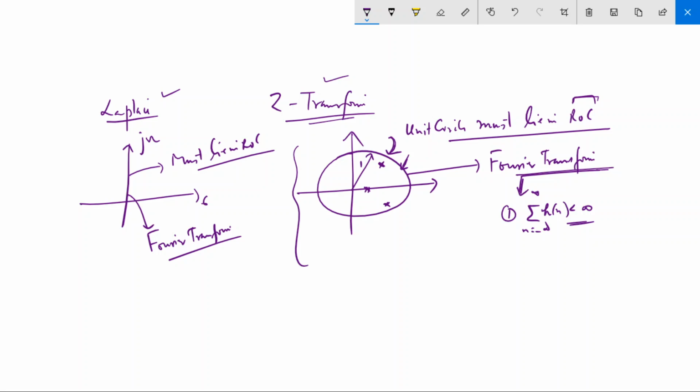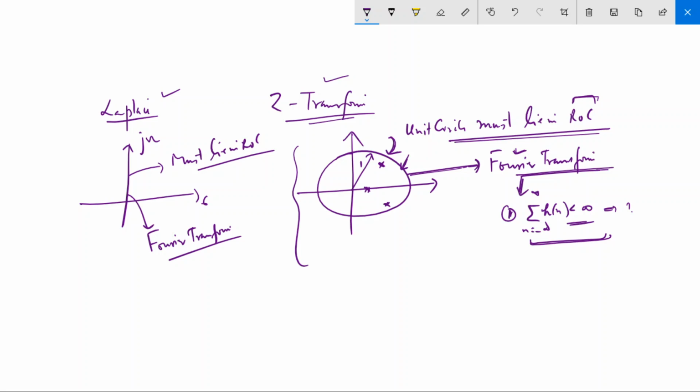Okay, it means if for any system the unit circle lies in the ROC, what it basically means is I can calculate the Fourier transform, and if I can calculate the Fourier transform, it simply means it follows the Dirichlet conditions, or you can say that its impulse response is absolutely summable, so the system becomes stable.